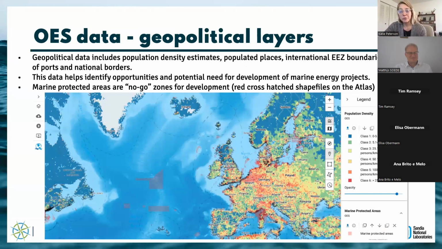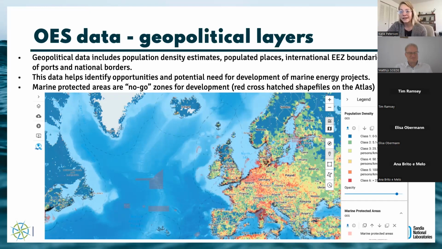Also, we have the geopolitical layers, as I had previously mentioned, and this includes population density, location of populated places, so cities at different sizes, the various international exclusive economic zone boundaries. As we know, in some of these closer areas like Europe or Southeast Asia, they're not as easy to delineate without having that laid out on the map, as well as locations of ports and then national borders.